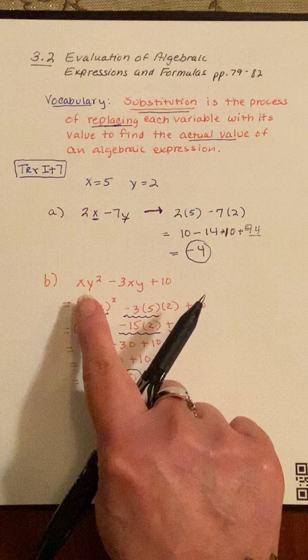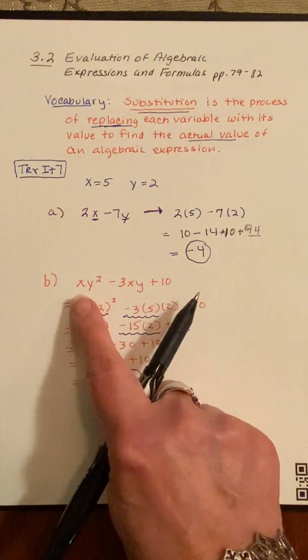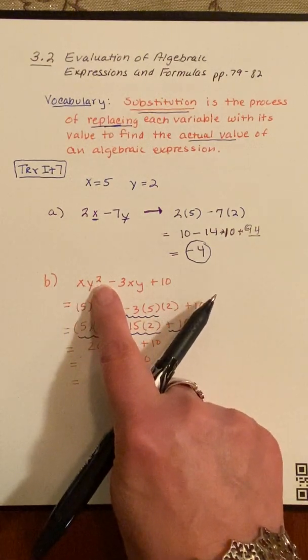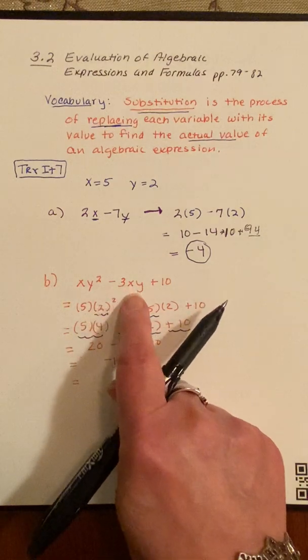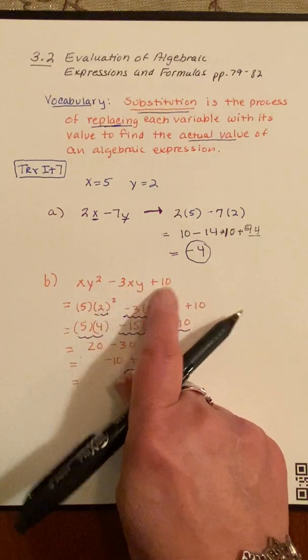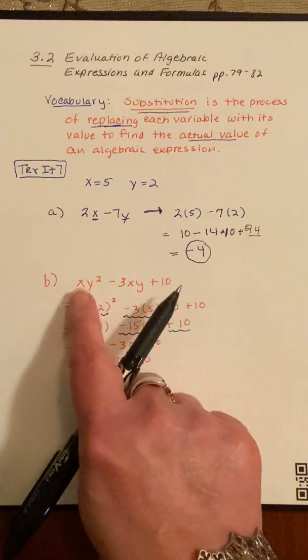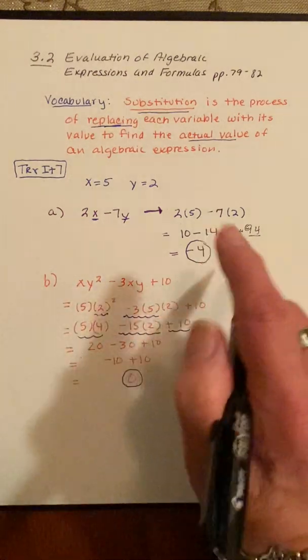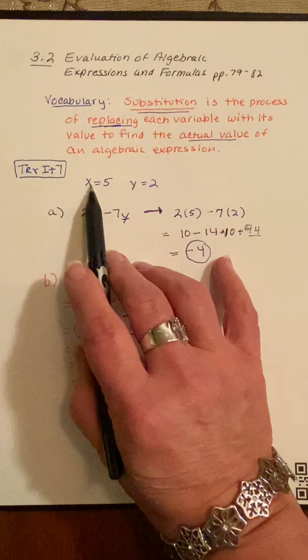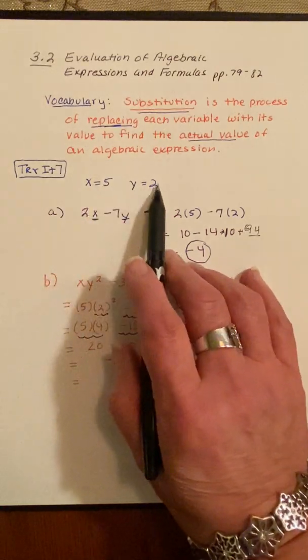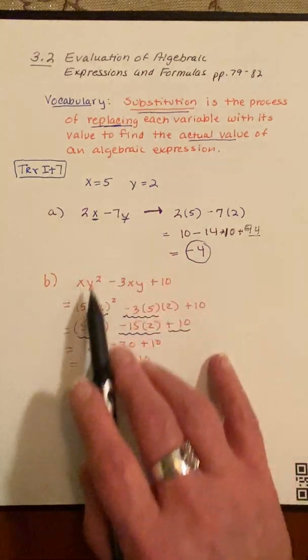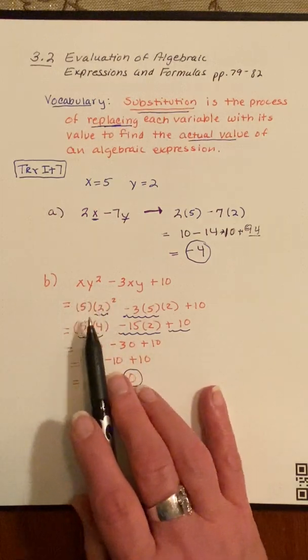Going on to example B, xy squared minus 3xy plus 10. That's our expression. Into every x position, since this is the setup up here, x is 5, y is 2, I'm going to substitute those numbers into the letters' positions.